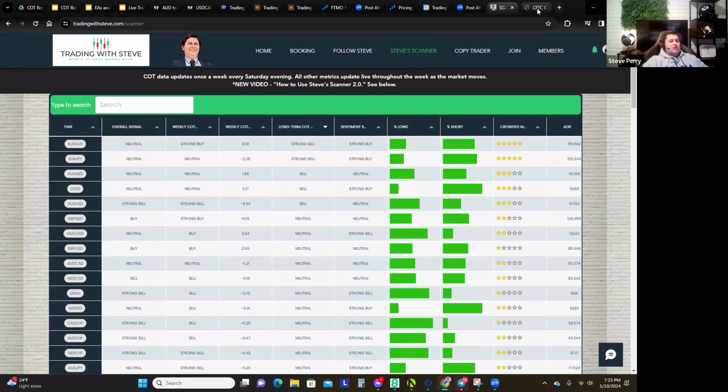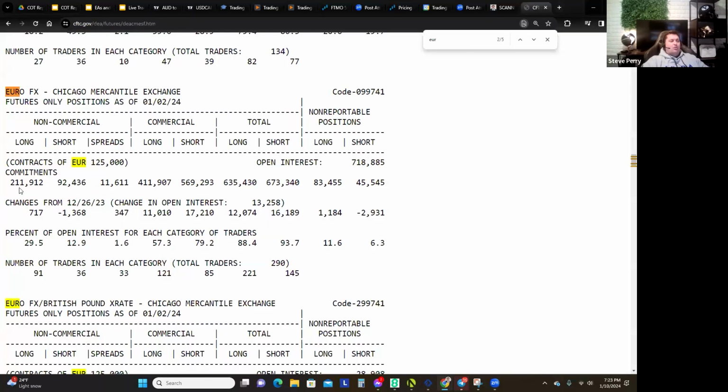Basically, we want to follow the banks until they get super loaded up. As they're accumulating, we want to follow the banks on a long term basis. For example, the dollar yen's been going up for a while, the pound yen's been going up for a while. Those guys have been accumulating those positions.